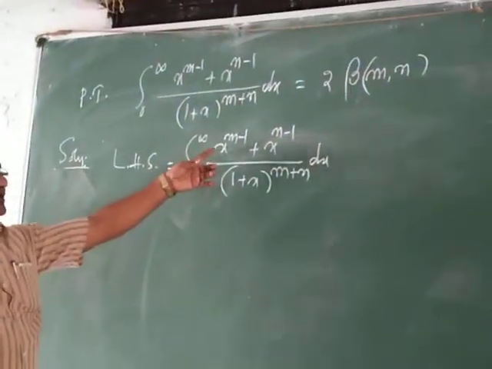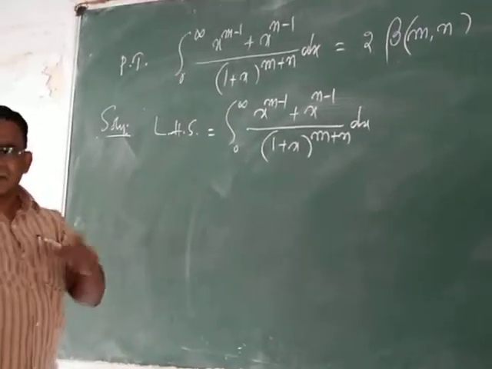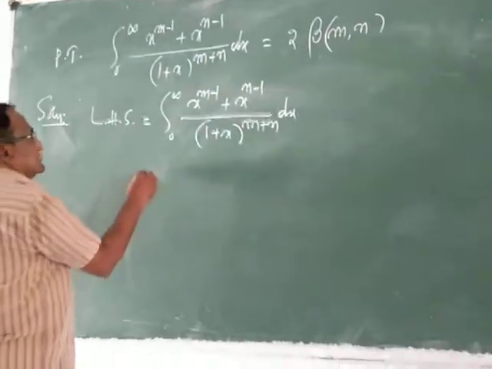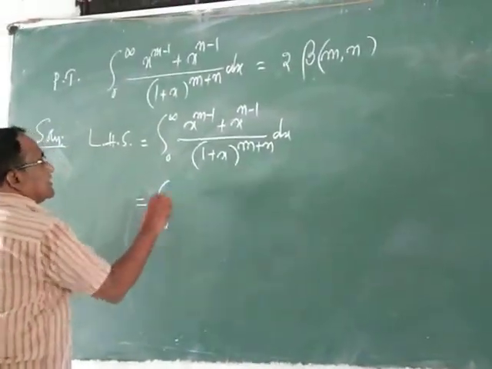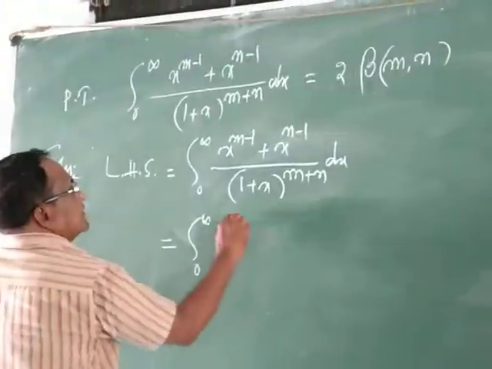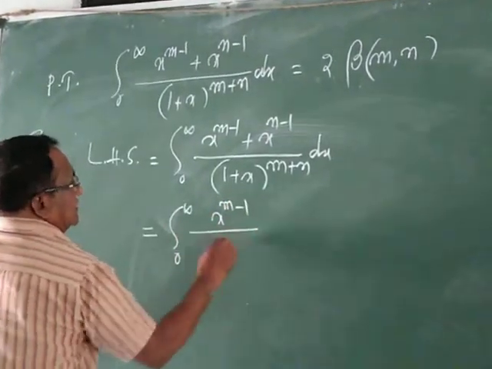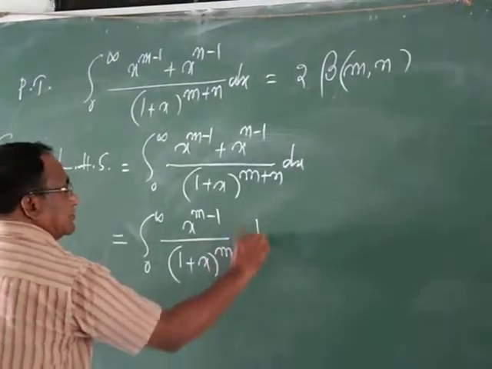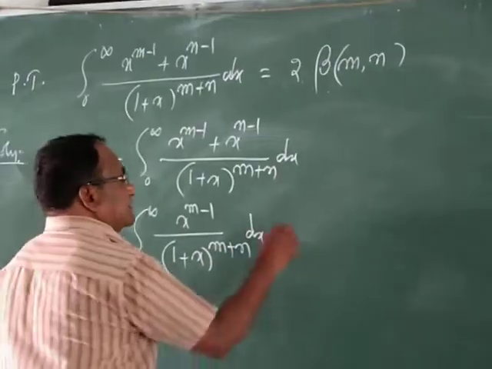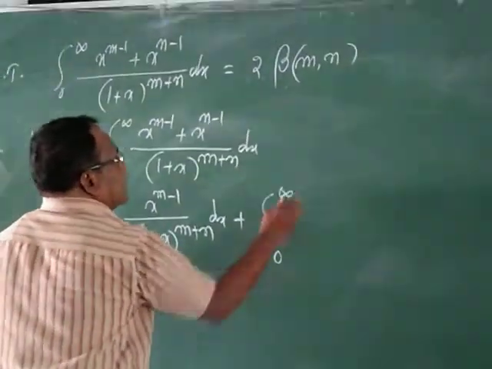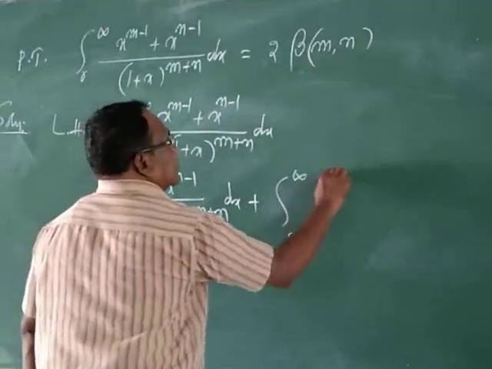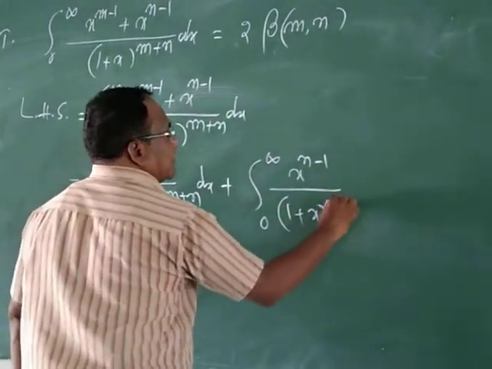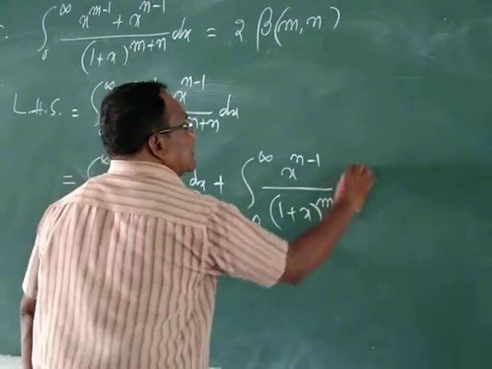Now you can just separate this as the sum of two integrals. This is equal to the integral from 0 to infinity of x to the power m minus 1 divided by (1 plus x) whole to the power m plus n dx, plus the integral from 0 to infinity of x to the power n minus 1 divided by (1 plus x) whole to the power m plus n dx.